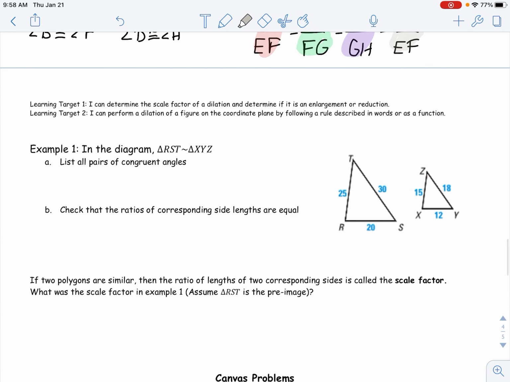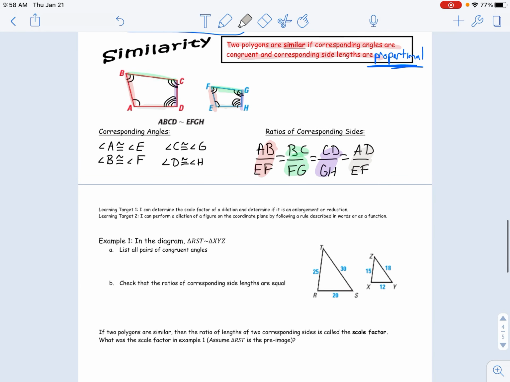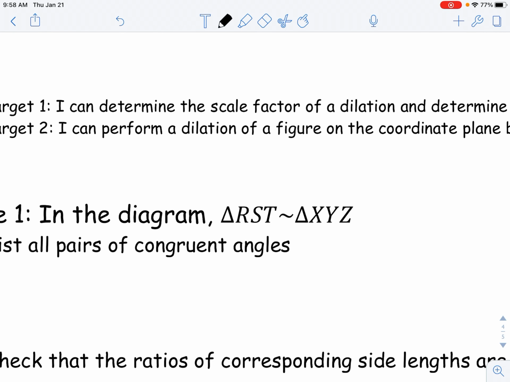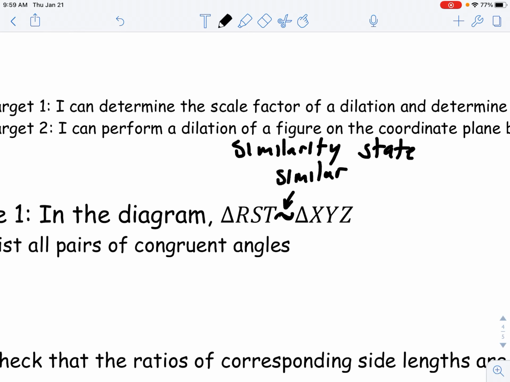So we just got a little bit more to talk about, but now we're going to do the same thing with the quadrilaterals above, but with these triangles right here. So list congruent angles. Right here, this is a similarity statement. This means similar. And this is a similarity statement.